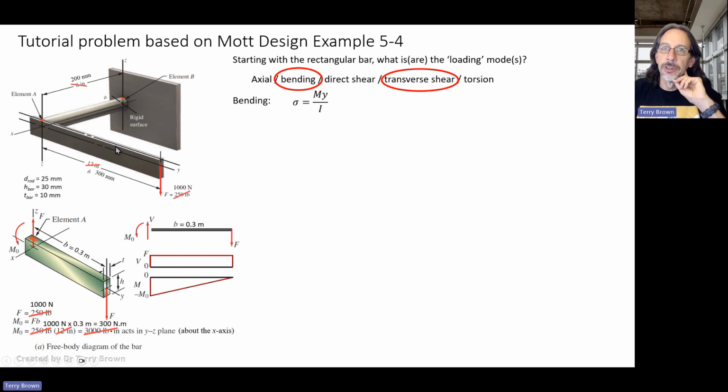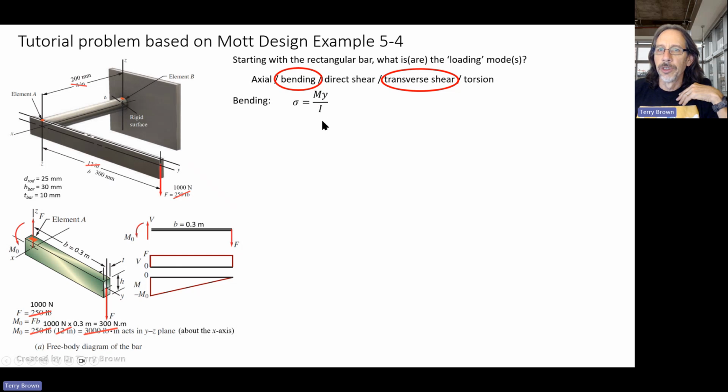And really, when we want to determine the stress, we should take a cut where we want to find the stress. The other thing about this equation is that it's for a single point somewhere in the component that we're analyzing. So we have to decide where we want to know the stress, and at that point we need to know the internal bending moment acting on the cross section.